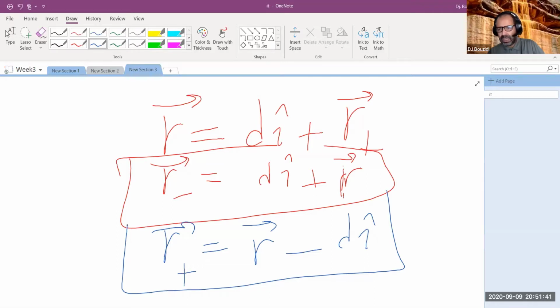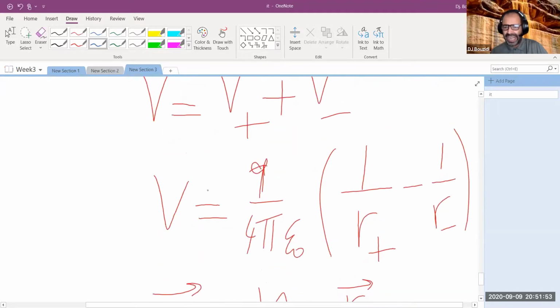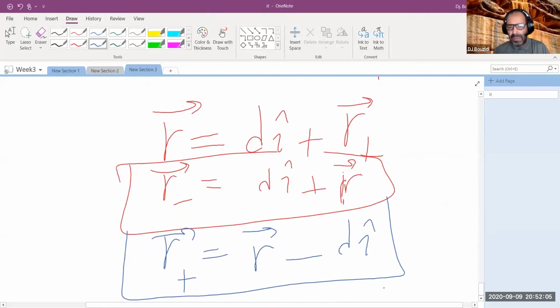This is something that you probably practiced a lot in physics 4A, or when you did vectors somewhere else. So you find the R plus and the R minus as quantities, as scalars, as distances, and you plug them in this expression and you work out your algebra. Basically, you find the common denominator and you find the numerator divided by the denominator expressed in terms of D and R.